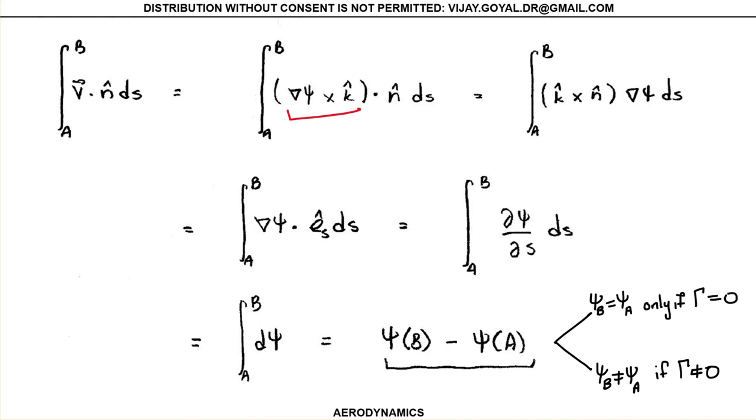Okay? So I want to wrap up a couple of these thoughts here. You can say that this is going to be multi-valued if this is not equal to zero.